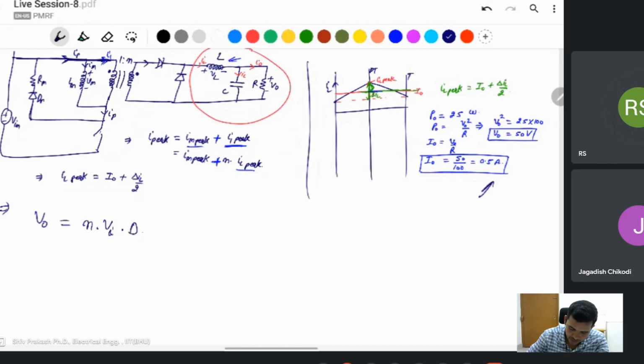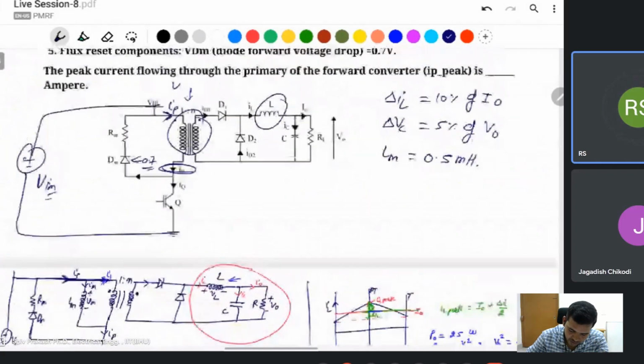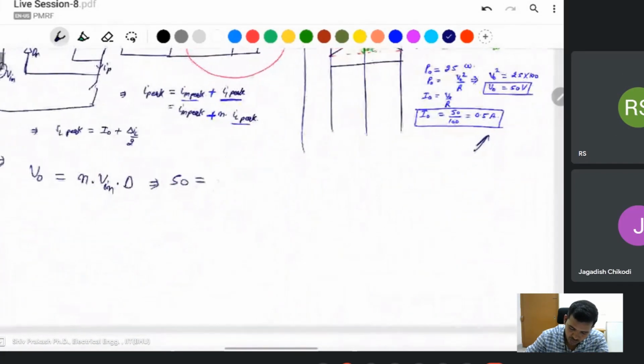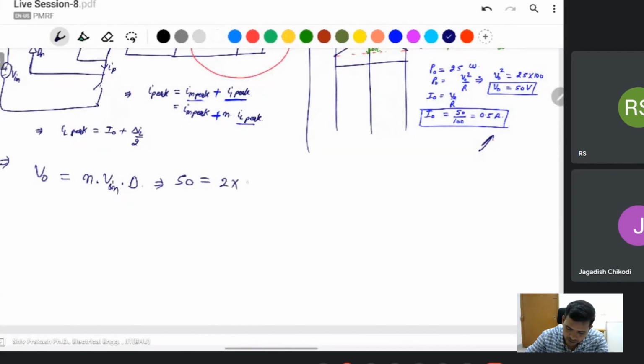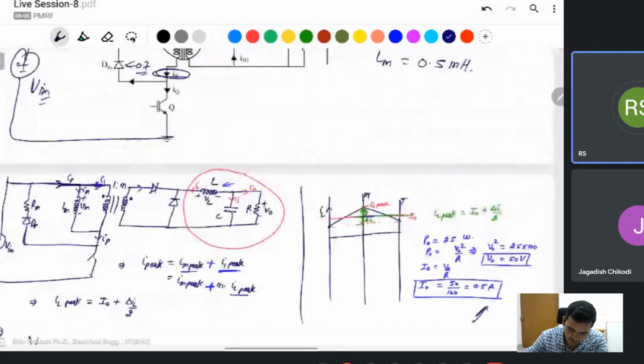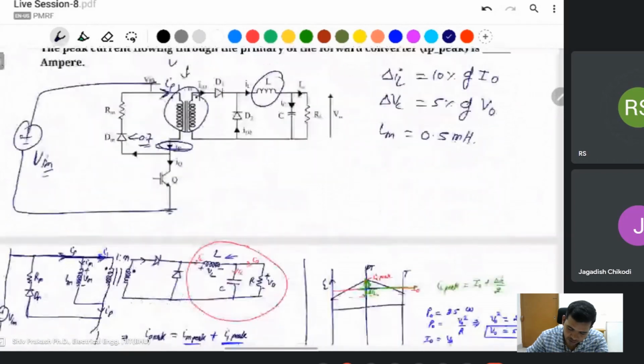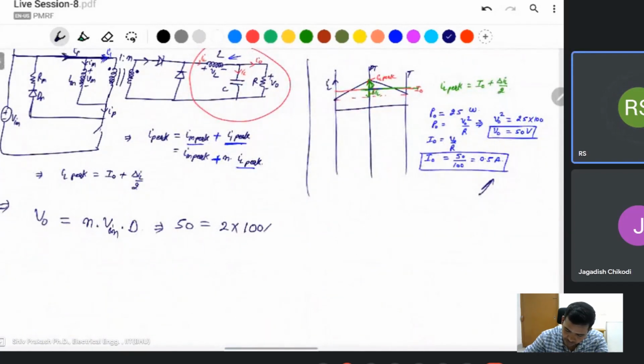If N tends to 1 as the transfer ratio, then it is Vn by N. Then here you can apply 50 volt. N is given as the transfer ratio, N is equal to 2. V in is 100 volt. Then what will be D? D is equal to 0.25.